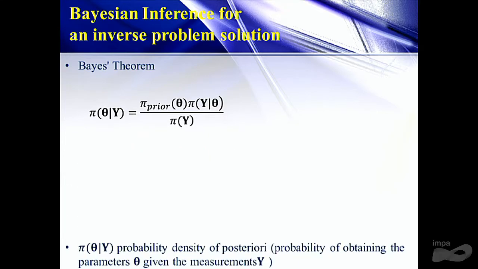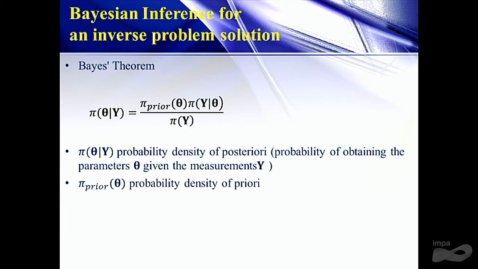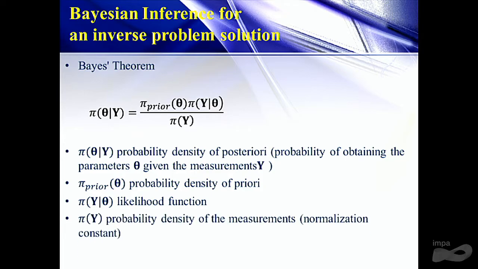Here is the prior probability density, which is information about parameters before measurement, the likelihood function, which is the measurement error model, and the probability density of the measurement.